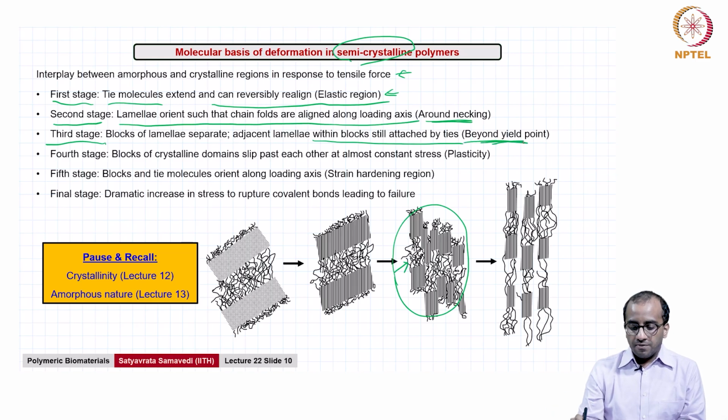Now, what you start to see is related to the idea of plasticity. What you are also seeing here is the reason why you are not able to recover those strains or deformations and make the material go back to its original shape after the yield point: you are making permanent changes to the network.